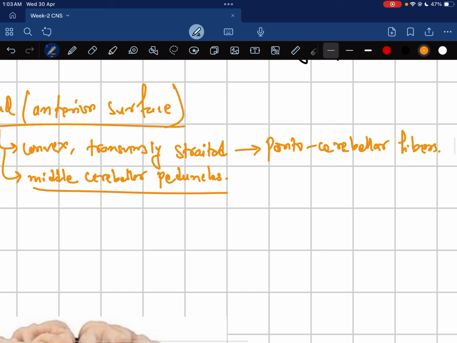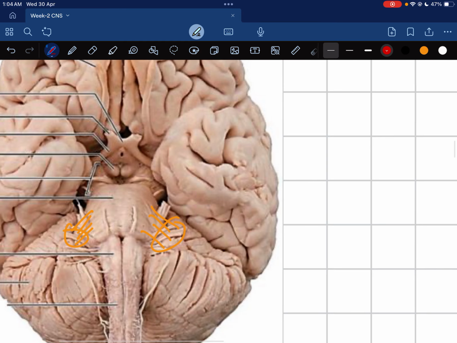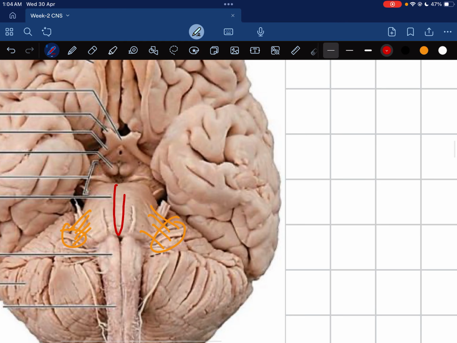Moving on, there is a basilar groove in the anterior surface. In the basilar groove lies the basilar artery, which provides the arterial supply. This is the groove, and here lies the basilar artery.